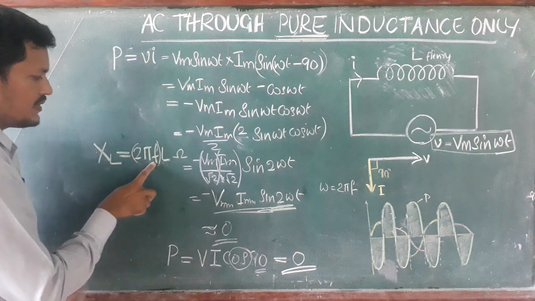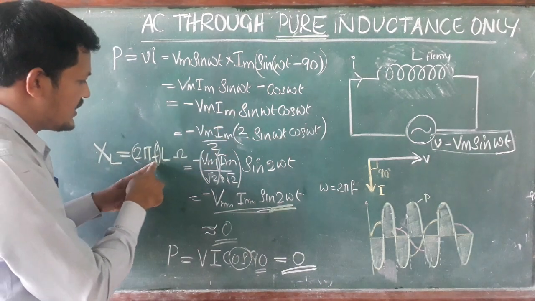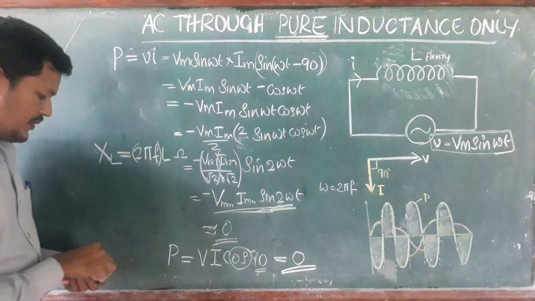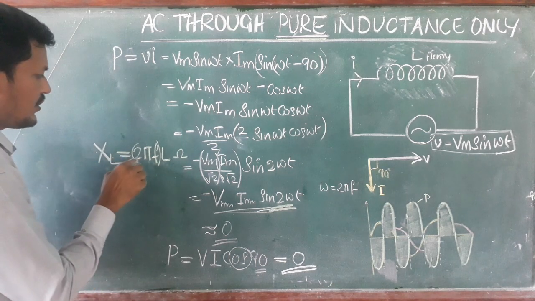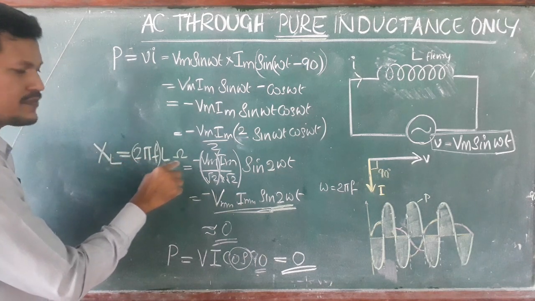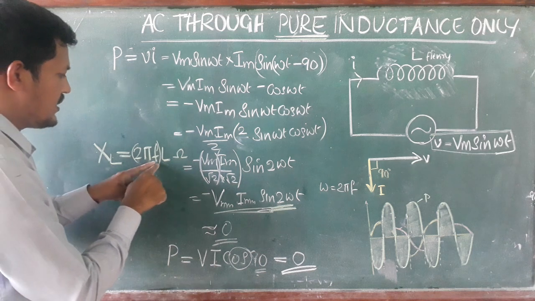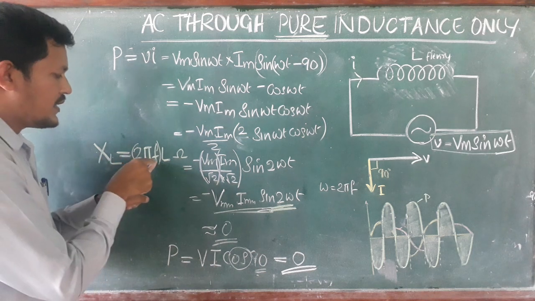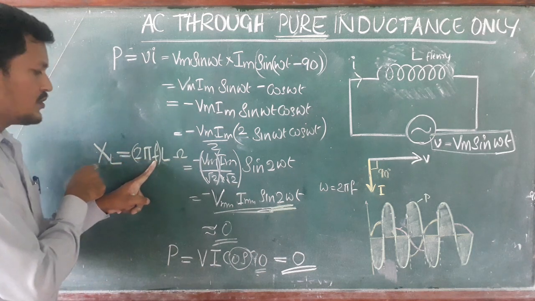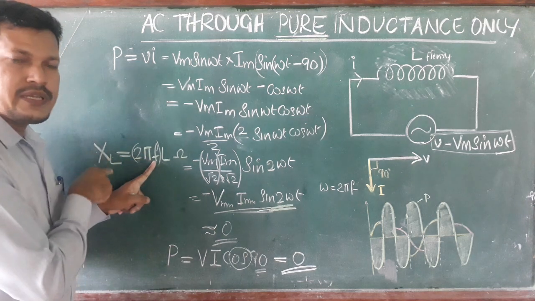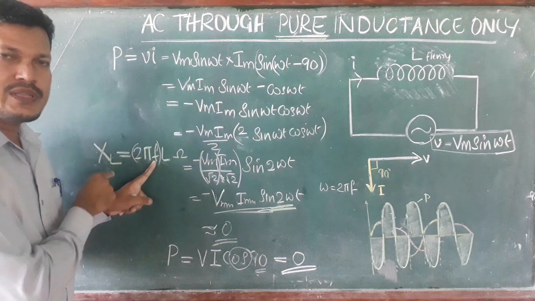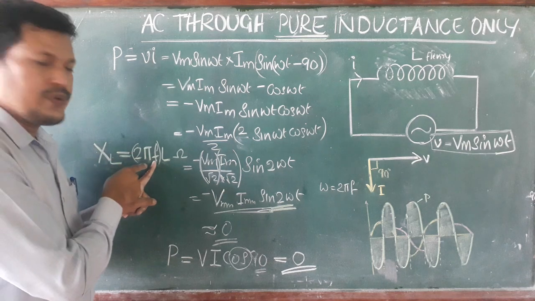It varies with frequency, because XL equals 2 pi fL ohms. For 50 Hz we get some value, for 100 Hz some different value. So inductive reactance varies with respect to frequency.